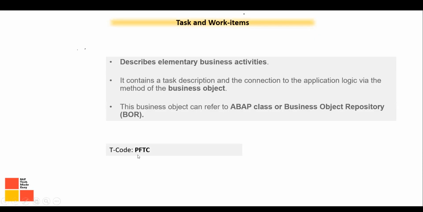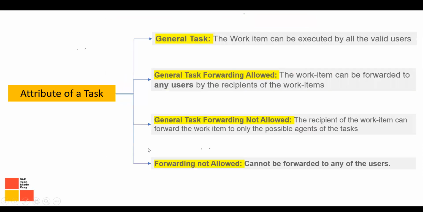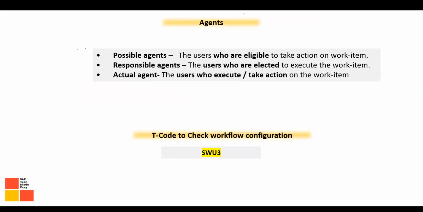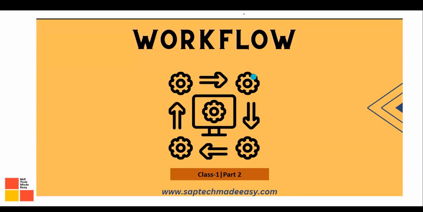Fine. Then attributes of a task, right? So four different attributes. This part also we have seen, different types of agents: possible, responsible, and actual. We will see the agents in more detail. The code to check workflow configuration is SWU3. This part we have seen.